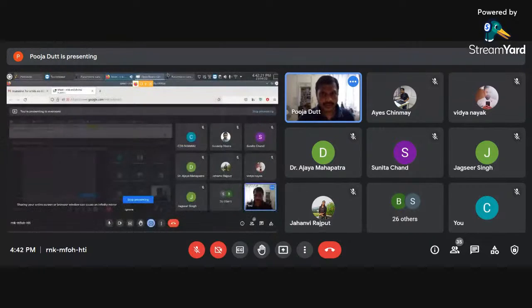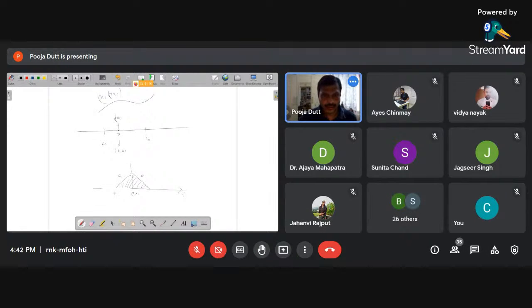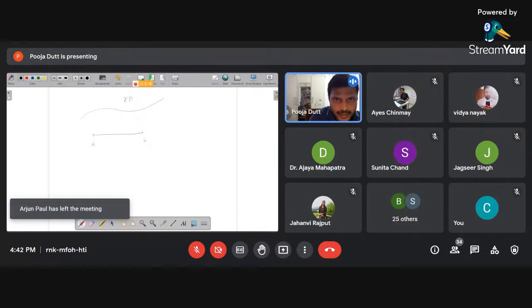So let me go to the board and draw it. This is your interval AB, and this is your curve gamma. Any point t goes to the point gamma t. And what is the curve C?